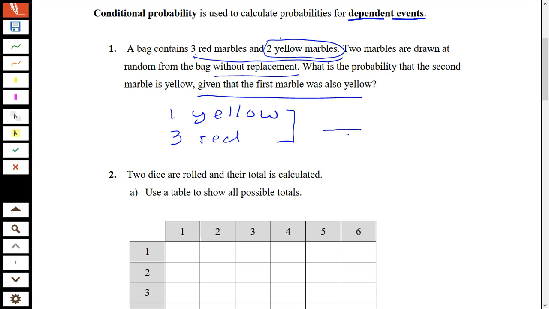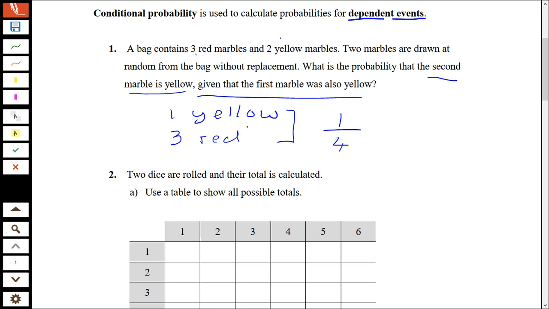That means my second selection will be out of 4, so the probability of the second marble being yellow will be 1 out of 4. That's a conditional probability because the second selection was influenced by the first selection.